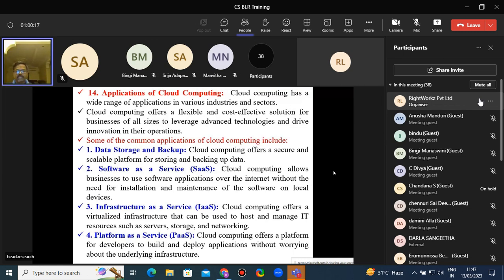Platform as a service, that is called PaaS: cloud computing offers a platform for developers to build and deploy applications without worrying about underlying infrastructure.